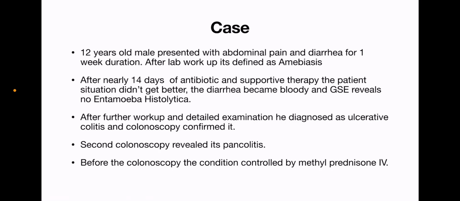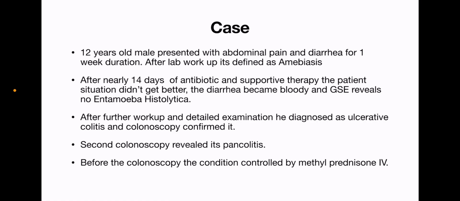Now we have a case to discuss how it was managed, how it was discovered, and the diagnosis and all things. So we have a 12-year-old male presented with abdominal pain and diarrhea for 1 week. After clinical examination and lab workup, it was defined as amoebiasis of Entamoeba histolytica.